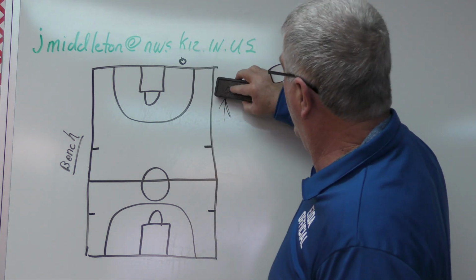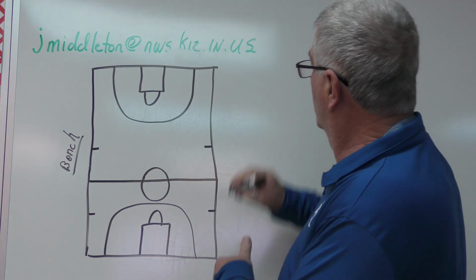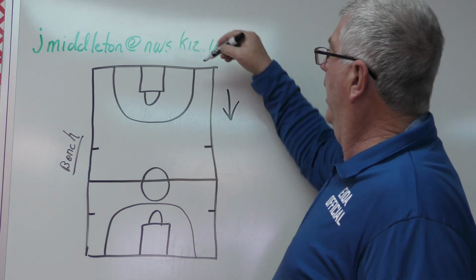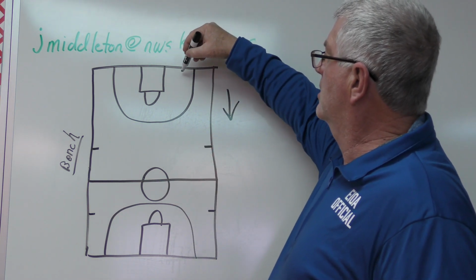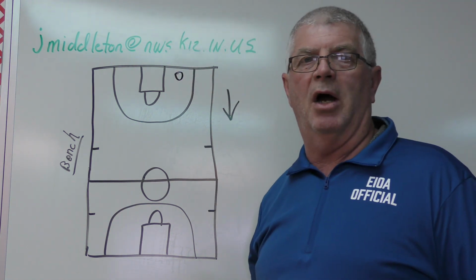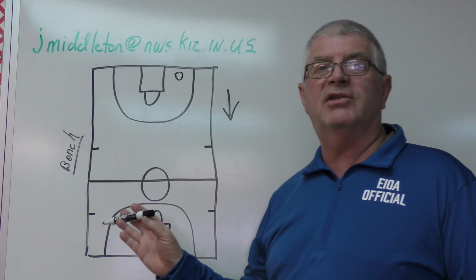Now if we're going to head the other direction, for instance, we're going to be going this way, we're going to be going long, and the ball goes out of bounds on the baseline. I want to set the ball in bounds to where it's supposed to go. That lets me know that we're going this way in case something happens.